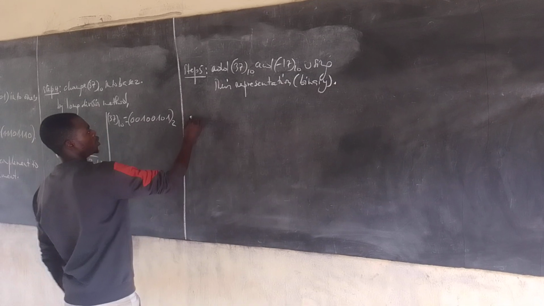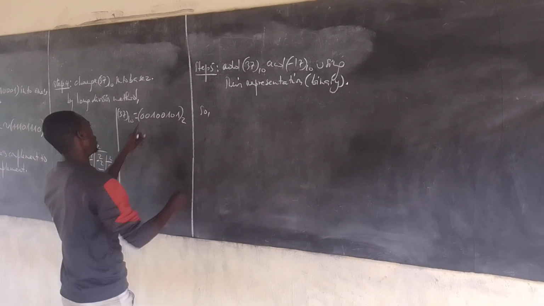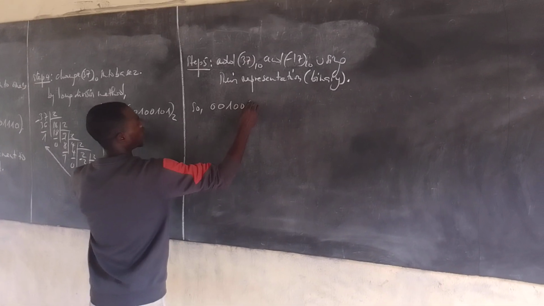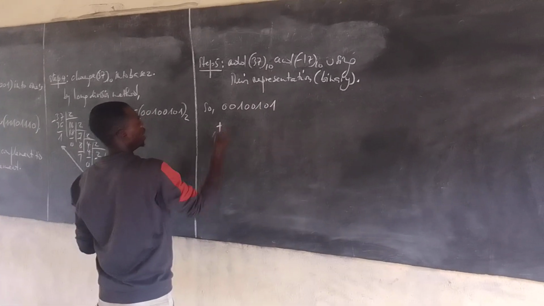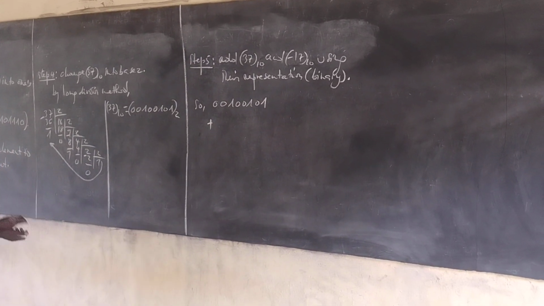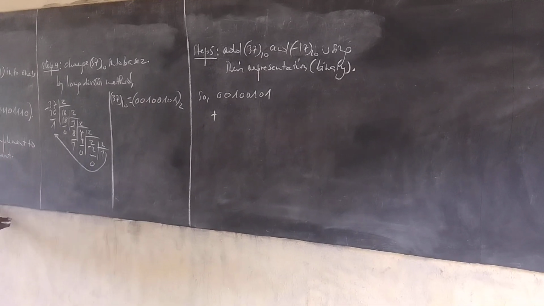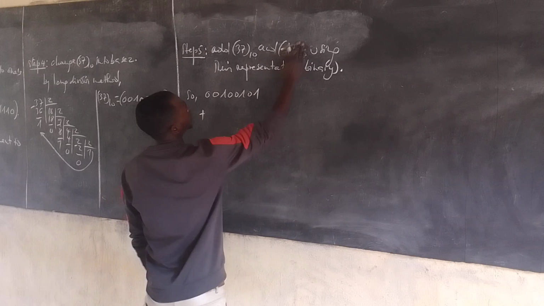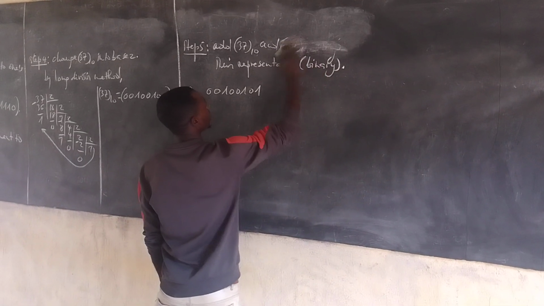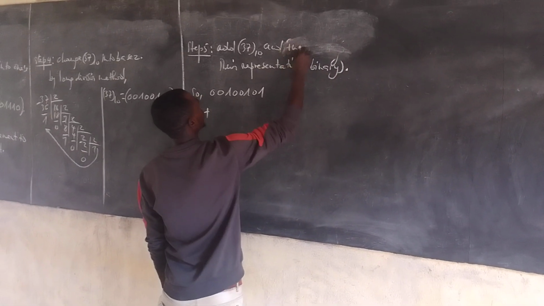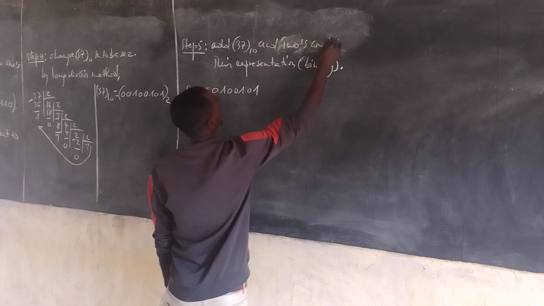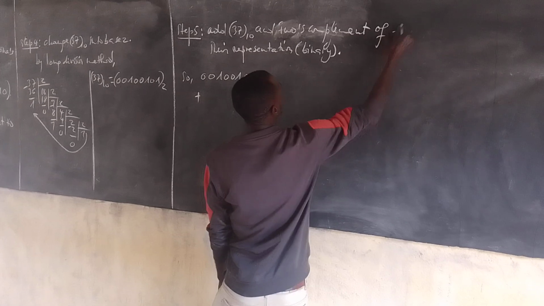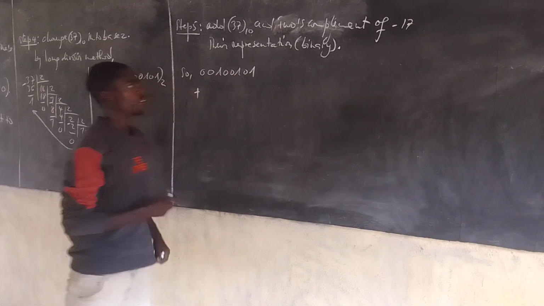So here we have 0, 0, 1, 0, 0, 1, 0, 1, plus the binary representation which represents the 2's complement of negative 17.